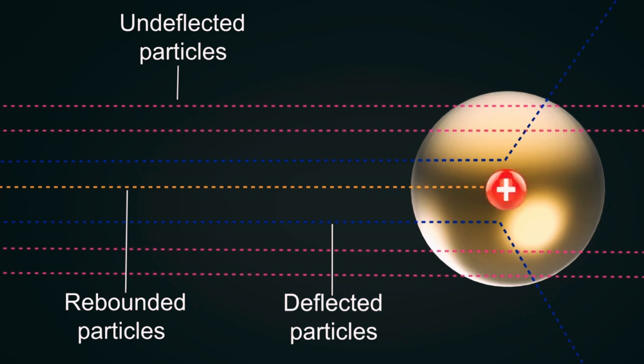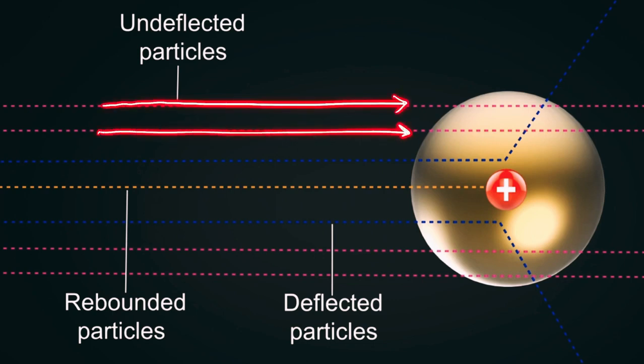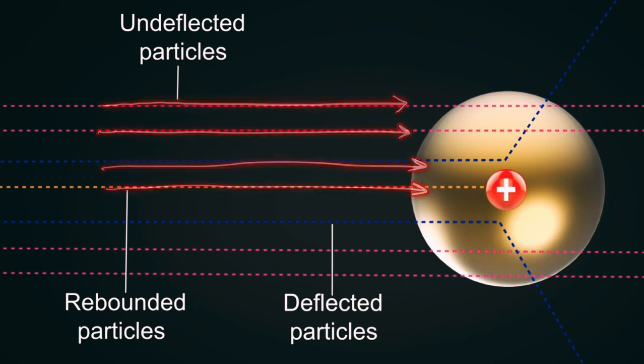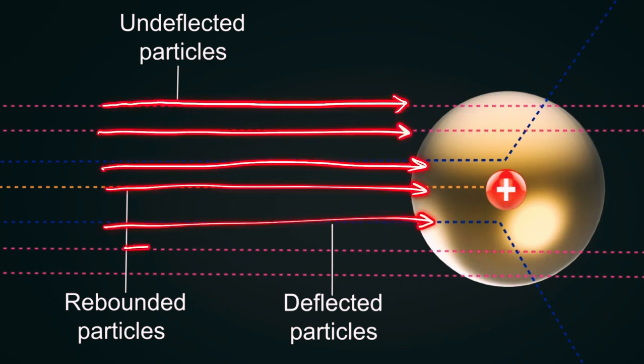This is the direction of travel we had for the alpha particles which we were bombarding from the source. As you can see, they're going straight. Some of them were traveling like this, like this, and like this.